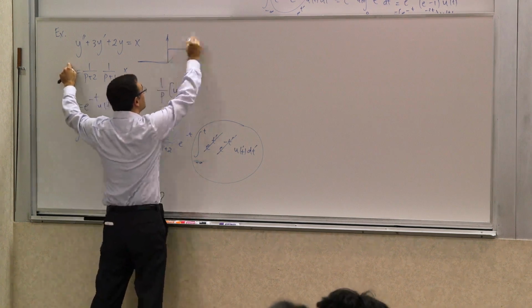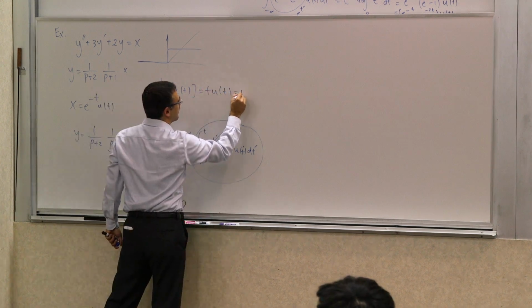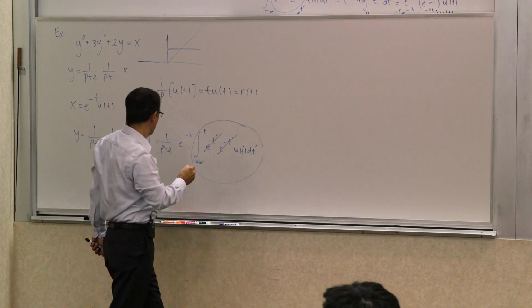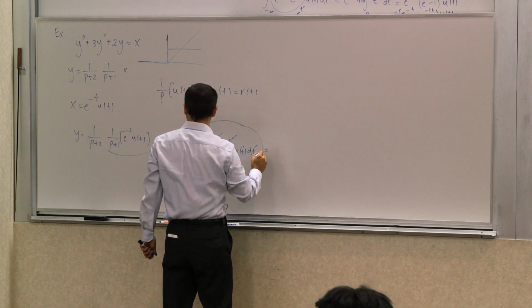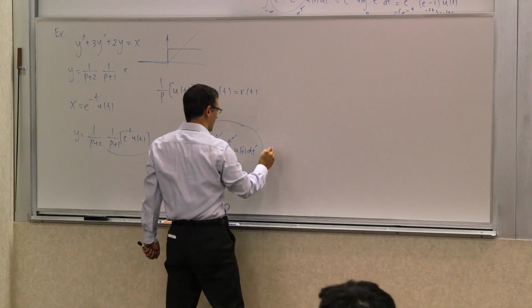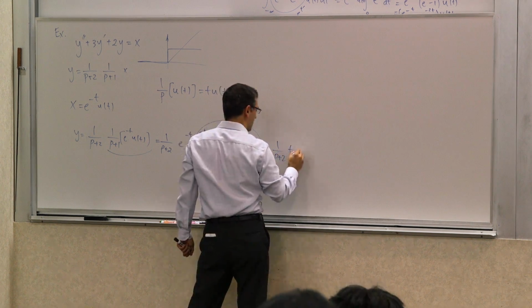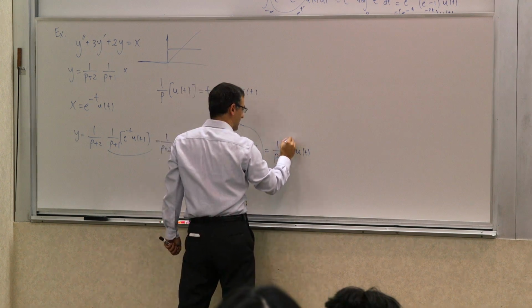Ramp function, yeah, right. It's going to go up. So it's basically t u of t, or r of t. So this produces t u of t, right, times e to the negative t.